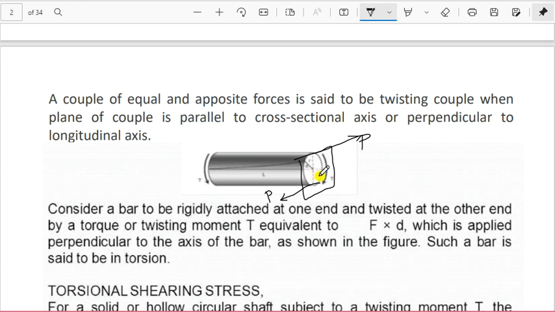Now we can call it as a torsion or a torque, or we can call it that this shaft is in torsion, and value of torque will be P into the diameter of this shaft, P into D, right?